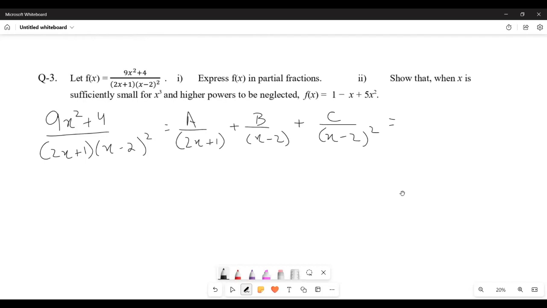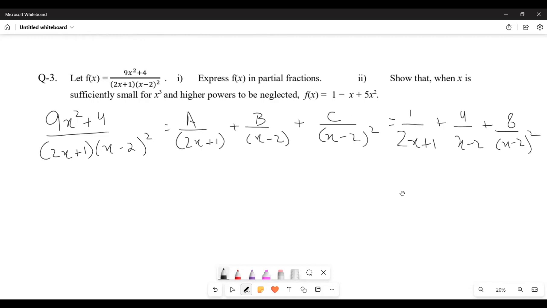And that came out to be 1 upon 2x plus 1, then plus 4 over x minus 2, and plus 8 over x minus 2 whole square.